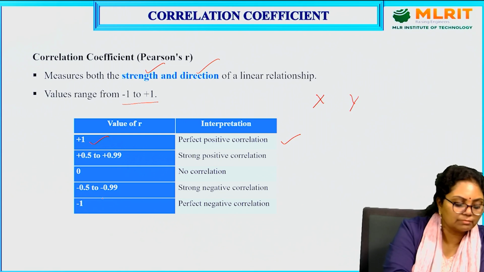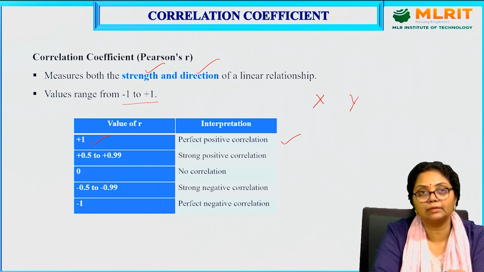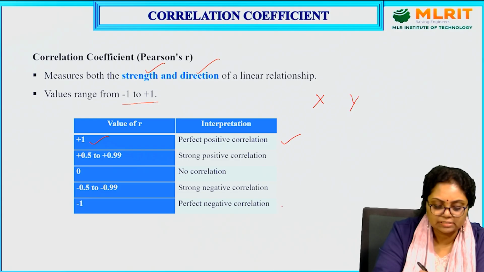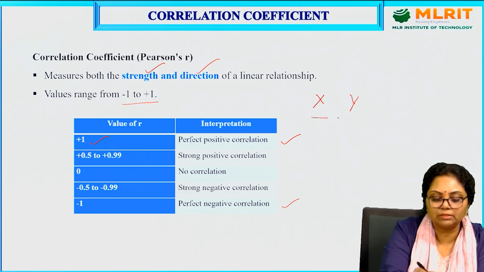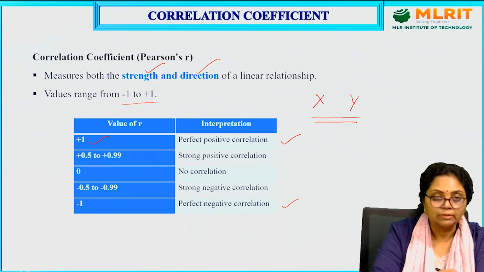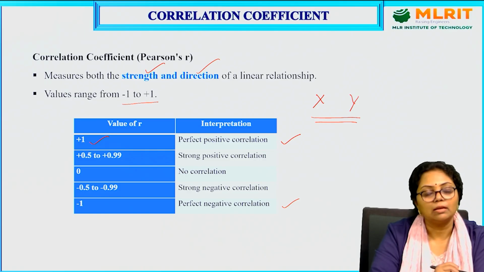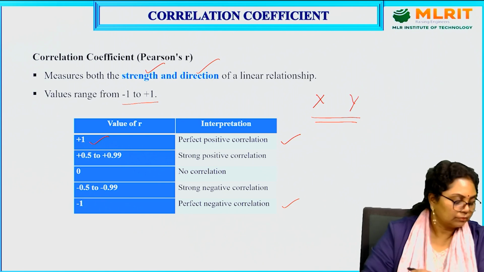Now if it is -0.5 to -0.99, it is called strong negative correlation, and -1 indicates perfect negative correlation between the two variables x and y. Now how about if it is less than 0.5, whether plus or minus, that is, less than +0.5 and greater than -0.5, it implies there is partial positive correlation and partial negative correlation.